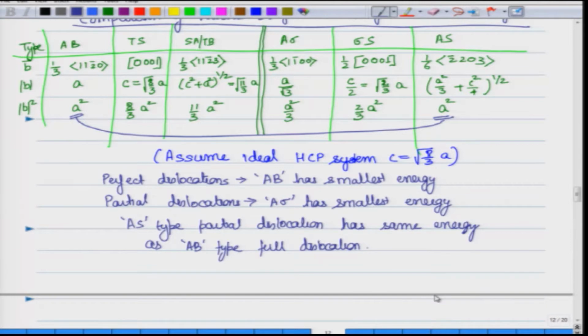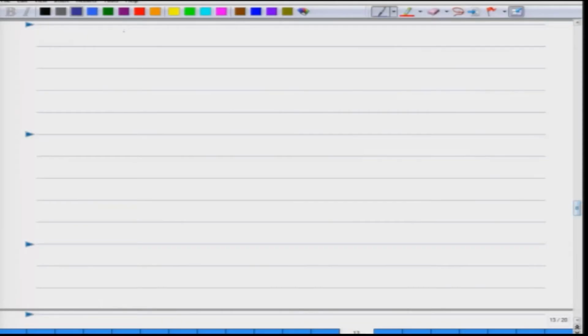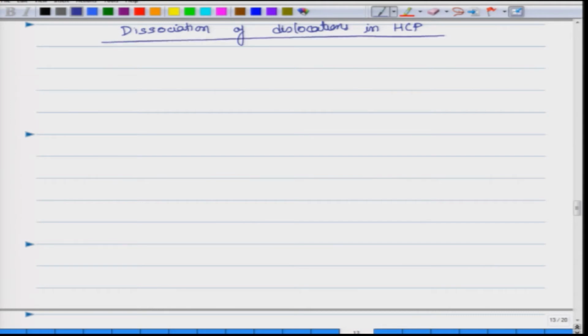But even now, here we move on to the next part, which is about dissociation of these dislocations in HCP. Okay, so now we talked about AB type dislocation.